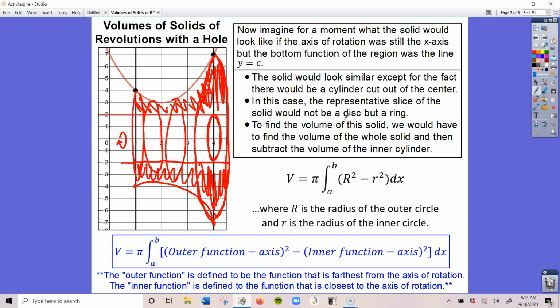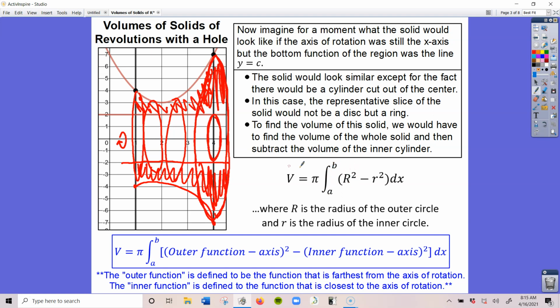To find the volume of this solid, we have to find the volume of the whole solid. So you find this area here and then subtract the volume of the inner circle, that cylinder. When we're figuring out the volume, it's the whole thing minus what's empty. So this would be your formula: pi, the integral from a to b.